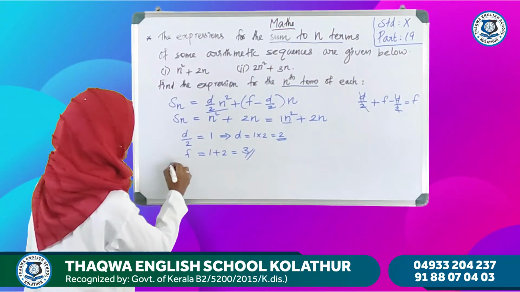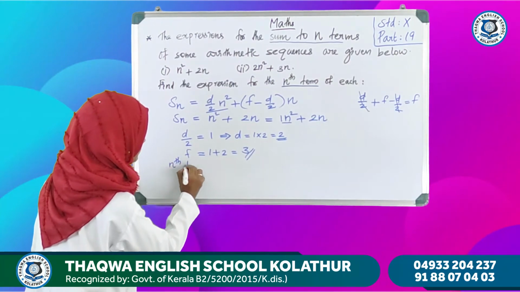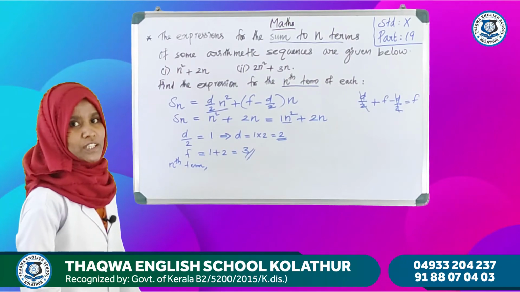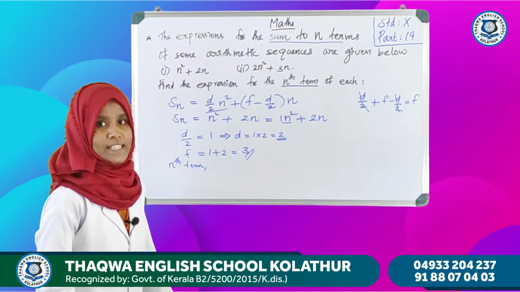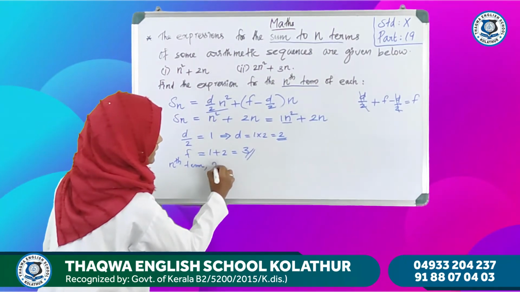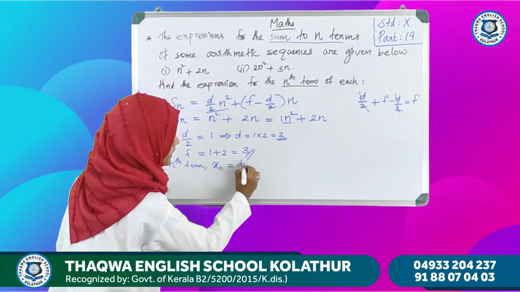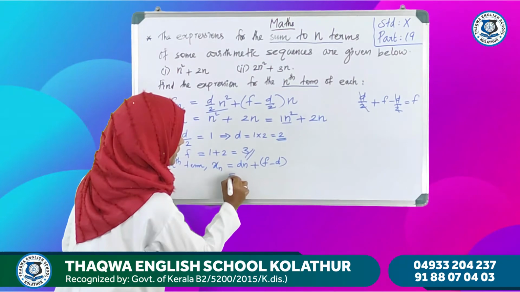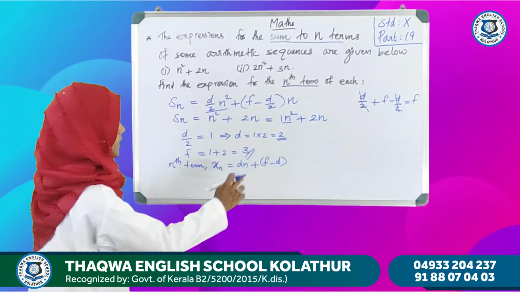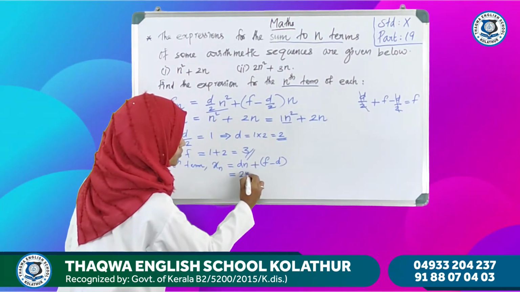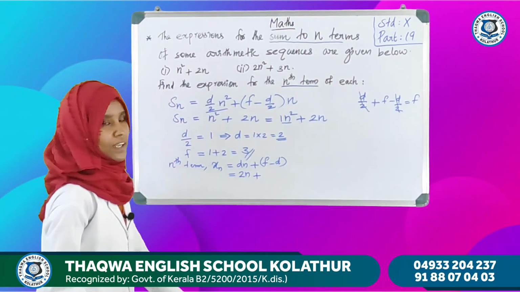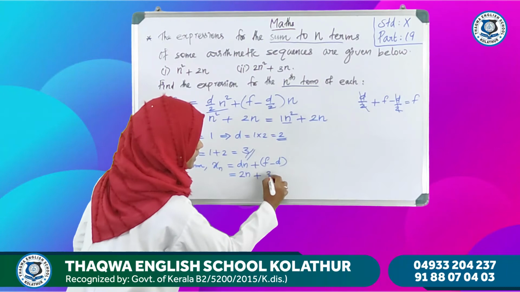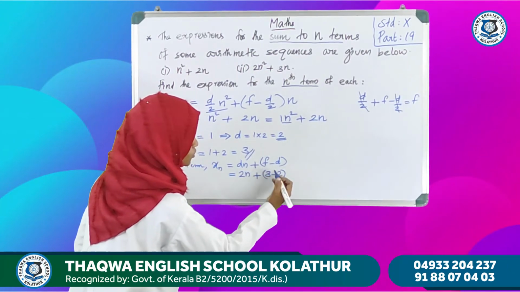Now we have to find out the nth term. Do you remember how to find the nth term of a given sequence? Nth term xn is dn plus f minus d. What is d? We got 2. That is 2n plus f minus d. What is f? 3 minus 2.